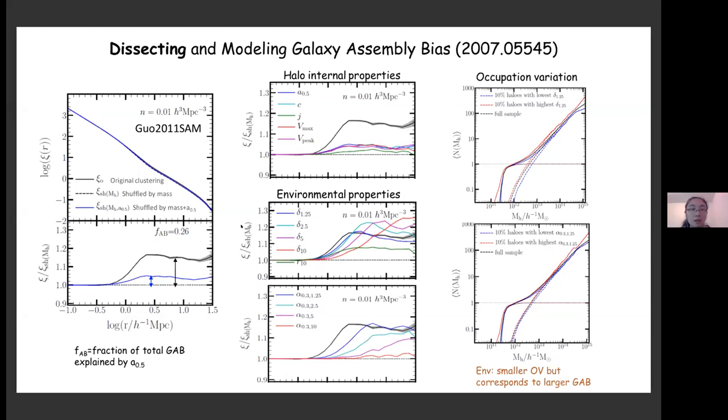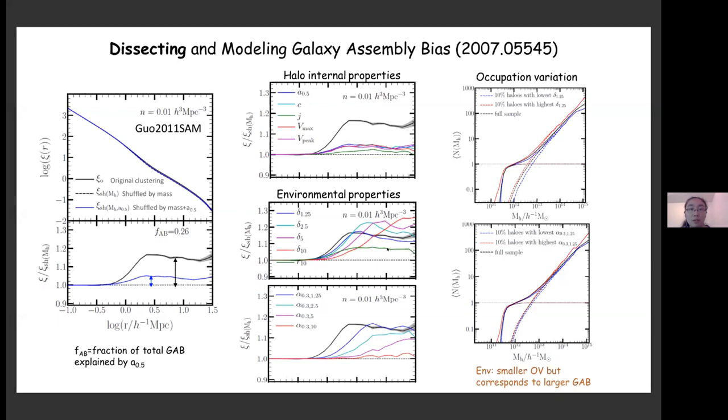And then this gives the contribution to the galaxy assembly bias only from the halo age. And this recovers 26% of the total assembly bias, which is a relatively small fraction. And this is true for other halo internal properties, for example, the concentration and the V peak. And every single one of them basically gives only 20 to 30% of the total assembly bias signal.